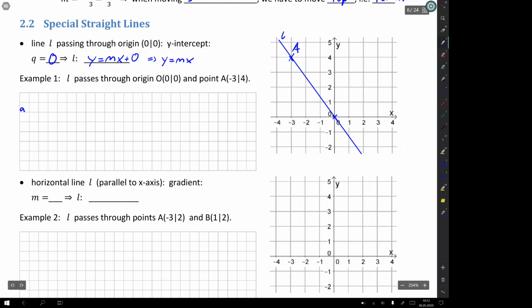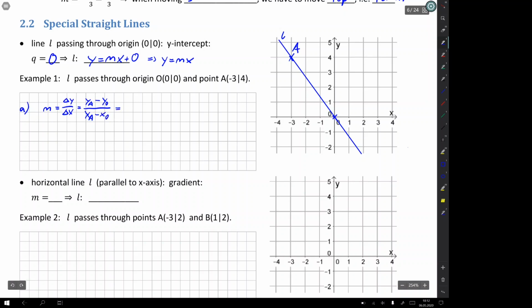First, let us find just the gradient, the way that we have done so far, which means we have to take delta y divided by delta x. So ya minus the y of the origin divided by xa minus the x of the origin.